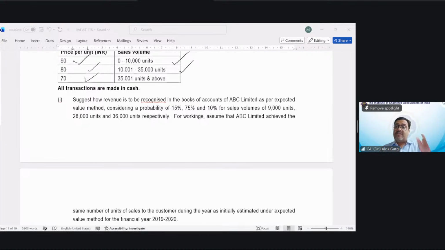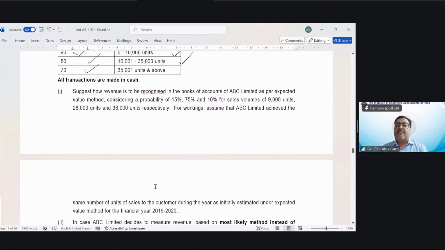Can we solve this question number 6? Okay. Suggest how revenue is to be recognized in the books of accounts of ABC Limited as per the expected value method, considering a probability of 15%, 75% and 10% for sales volume of 9,000, 28,000 and 36,000 units respectively.